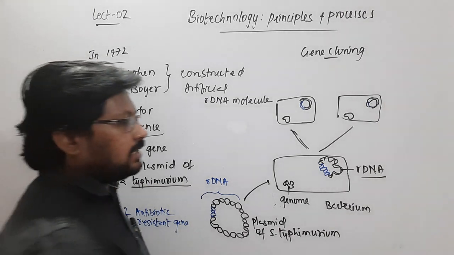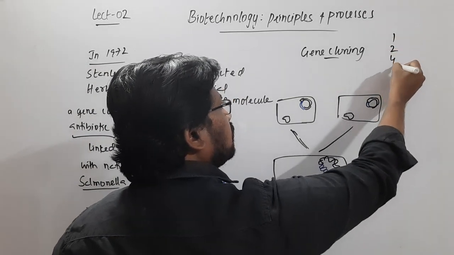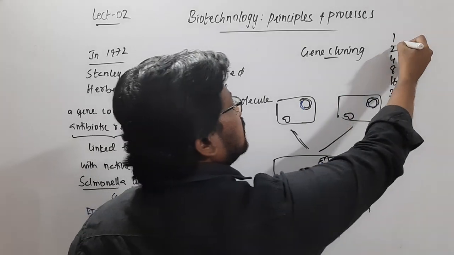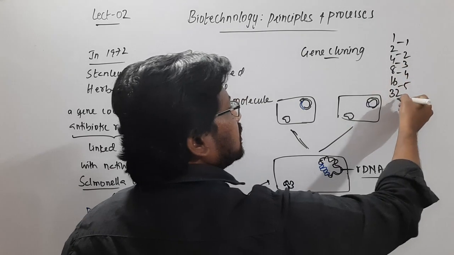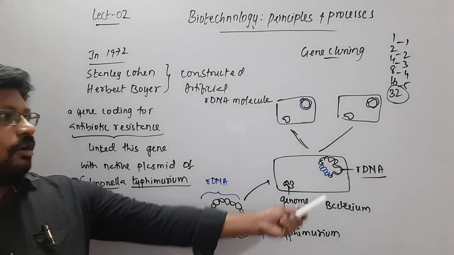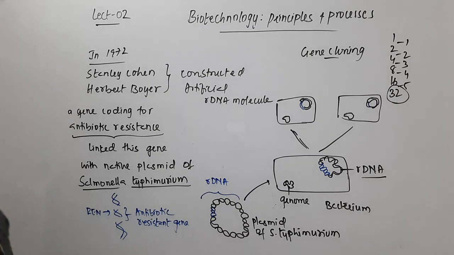We know they multiply in a geometrical fashion: 1, 2, 4, 8, 16, 32. So after just 5 generations, you will have 32 copies of this rDNA, and that process is what we call gene cloning, right? I hope that part is clear.